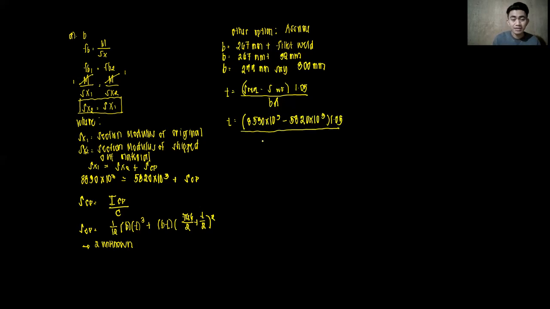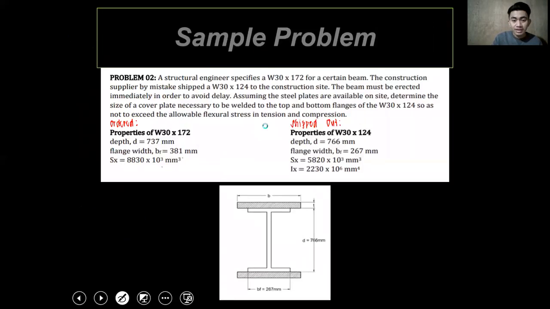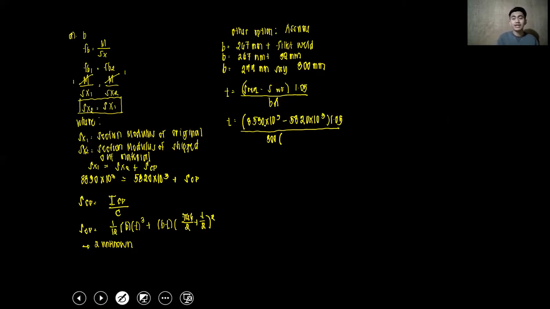The base of the cover plate, that is 300, times the depth, which is 766. Take note, D should be the depth of your structural steel. So that is 766.